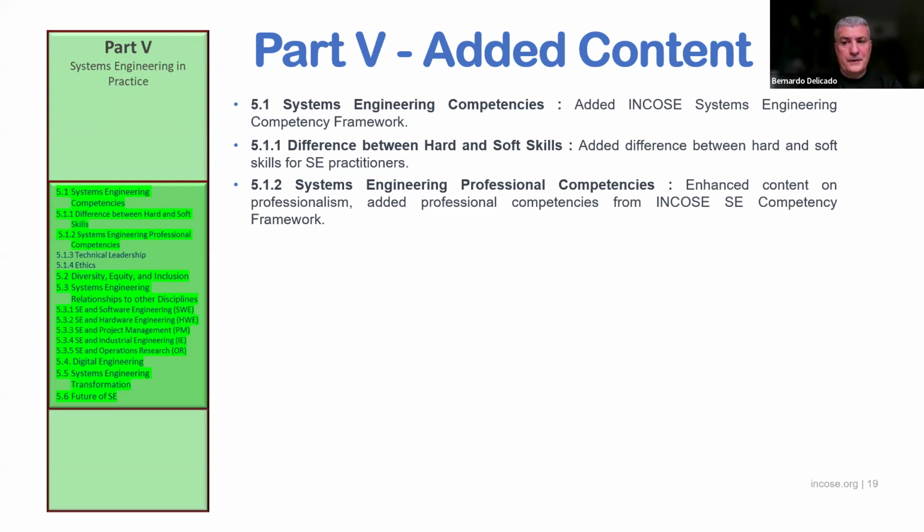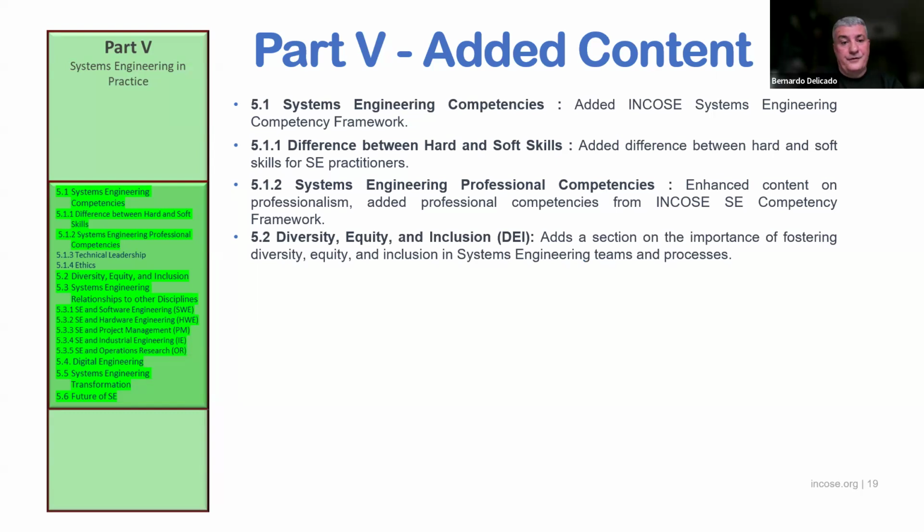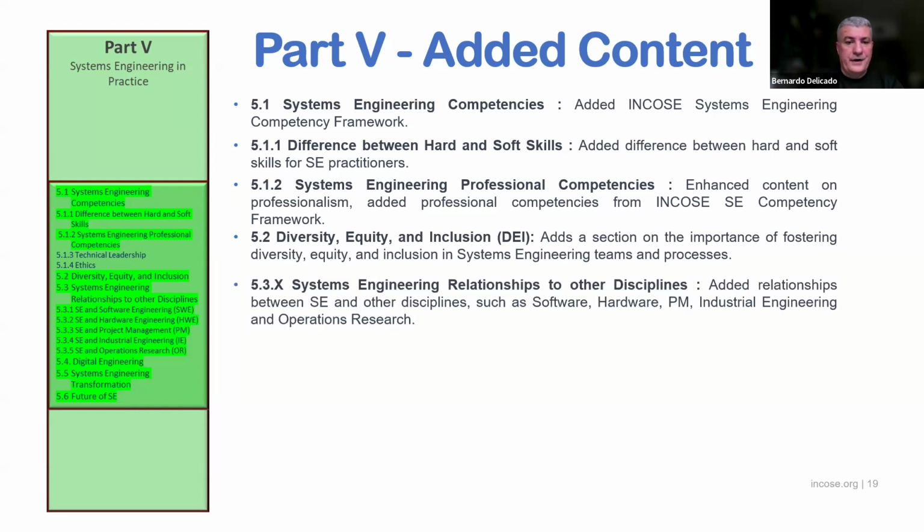5.1.2 is related to system engineering professional competencies, a subset of the system engineering competencies, an enhanced content on professionalism, added professional competencies from the handbook, as I mentioned earlier. 5.2 is related to diversity, equity, and inclusion. 5.3x are sessions related to the relationship between system engineering and other disciplines.